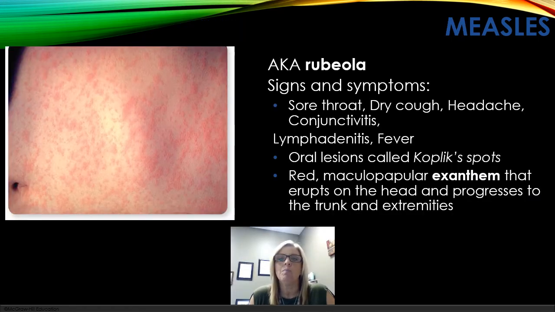All right, so measles is rubeola. About 367 children actually die of this disease every day, even though we have a very effective vaccine. We've had it since 1963. You're going to see this in your MMR, measles, mumps, and rubella vaccines.